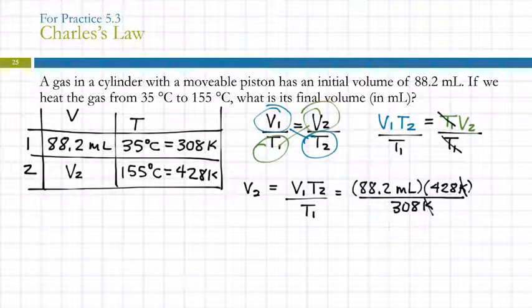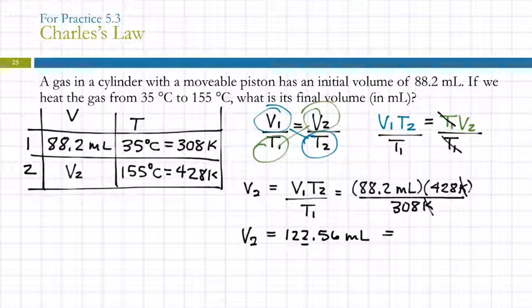So 88.2 times 428 divided by 308. Volume 2 equals 122.56. I'm looking at all of these, they have 3 sig figs. This is 3, that's 3. Milliliters, and round that to 123 milliliters.